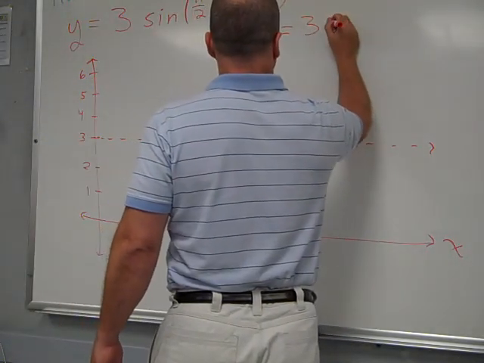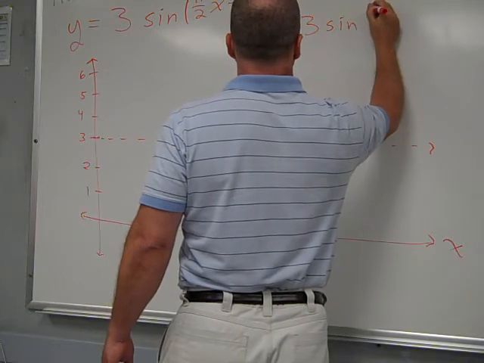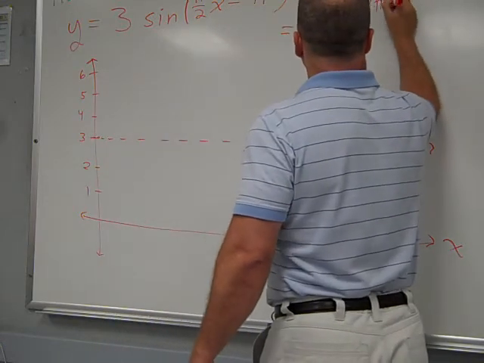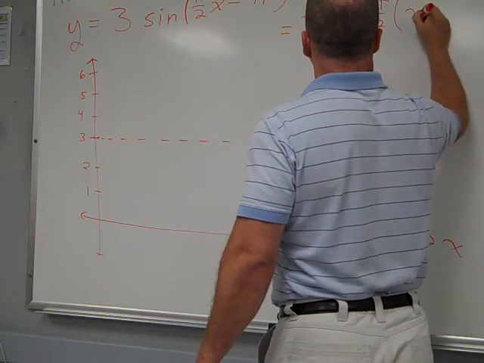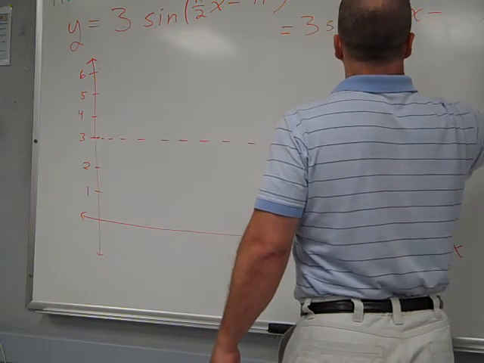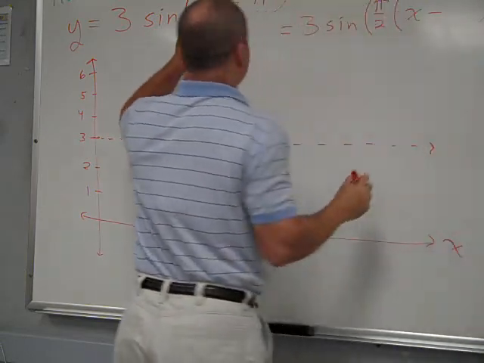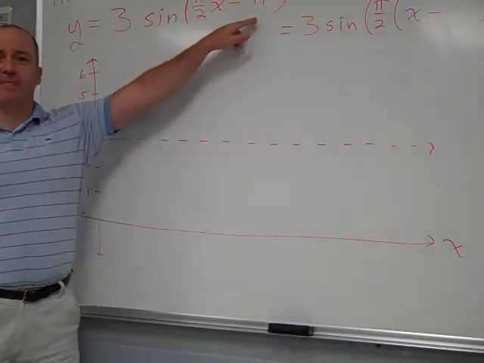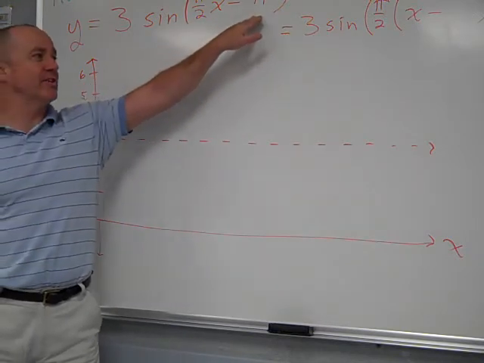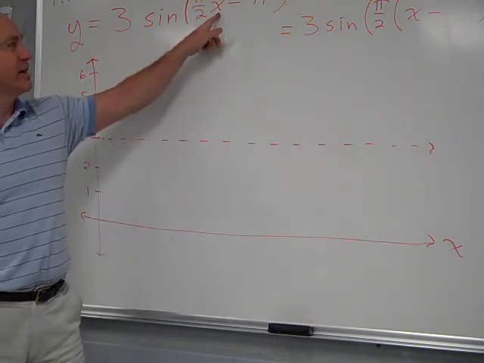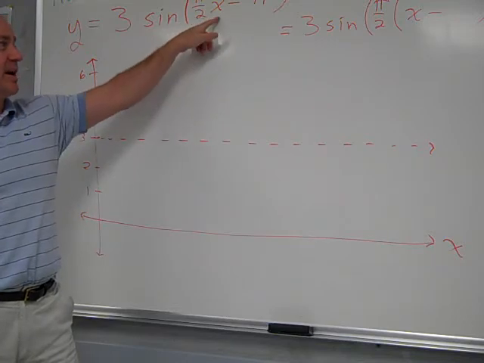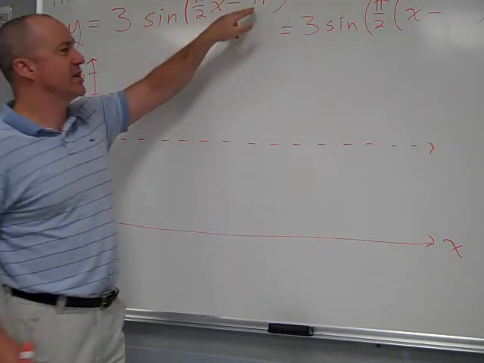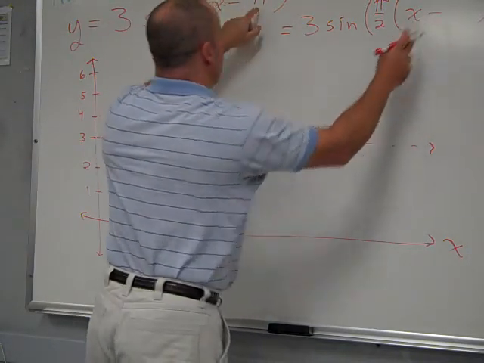I'm going to rewrite this a little bit. I'm going to make this 3 sine and factor pi over 2 out of each of these terms. Pi over 2 times x is pi over 2x. Pi over 2 times blank would get me pi.